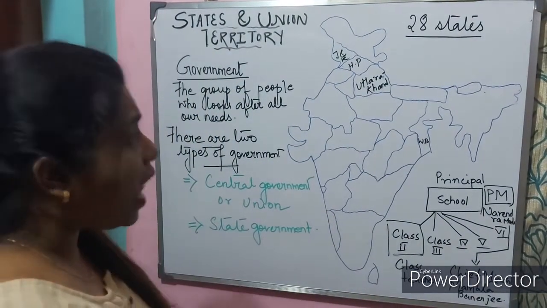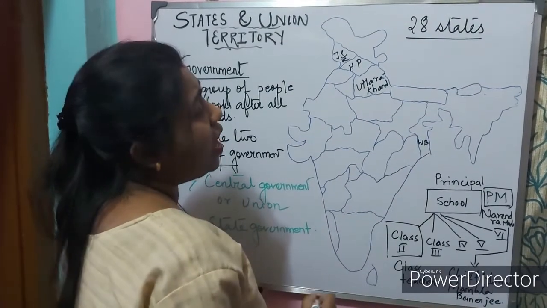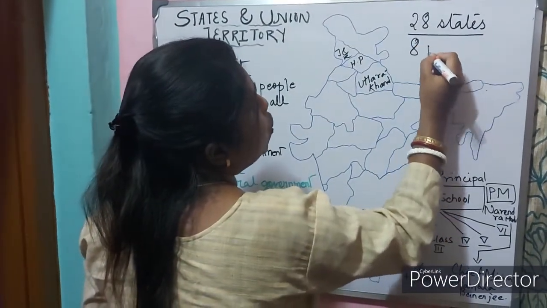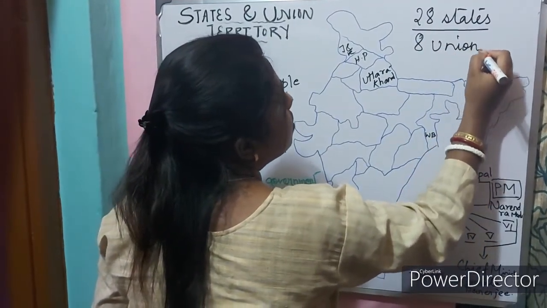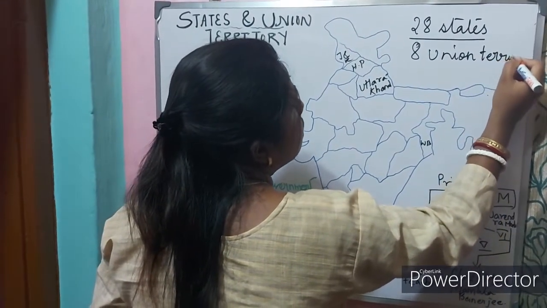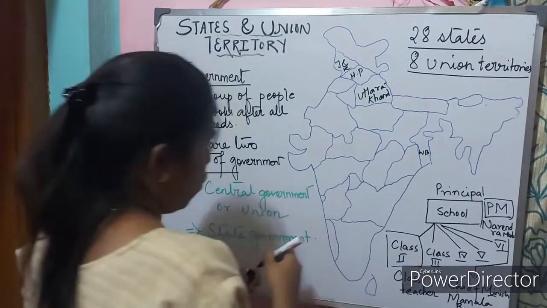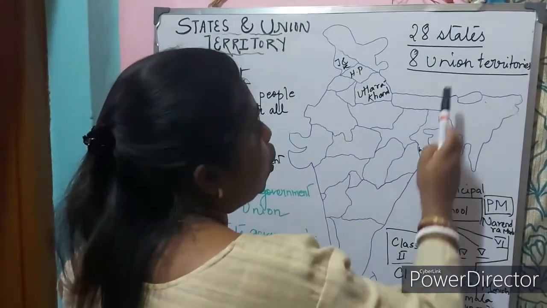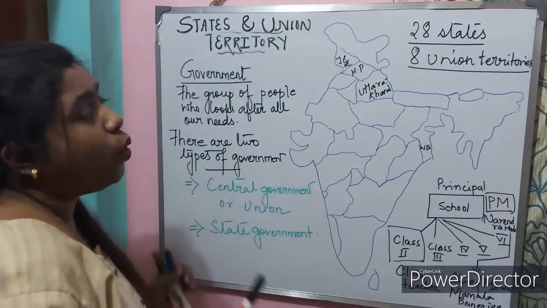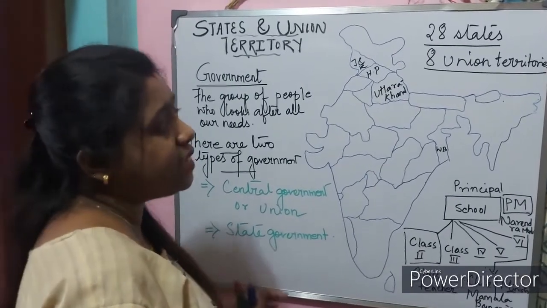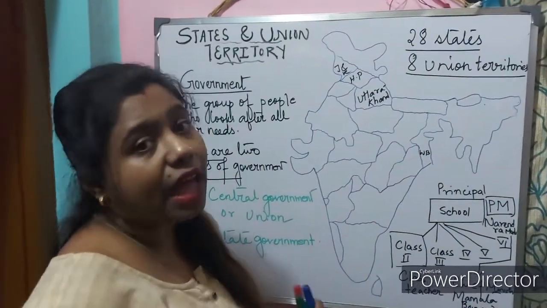Now, along with 28 states, there are 8 union territories. Now, what are union territories? Union territories means these are not states. These are smaller than states.